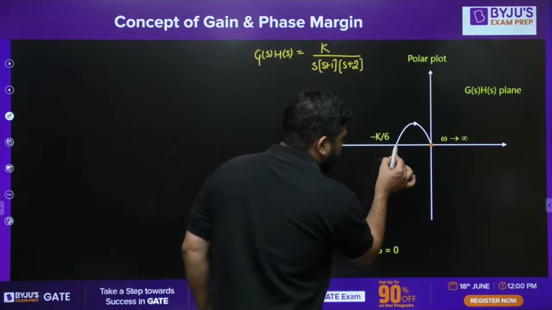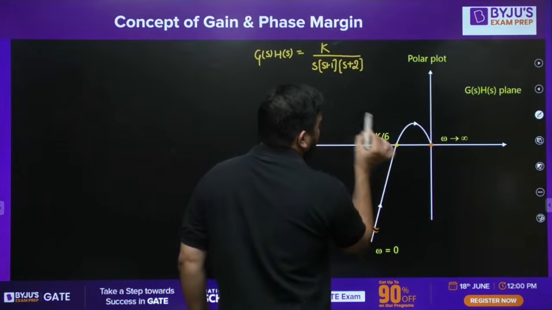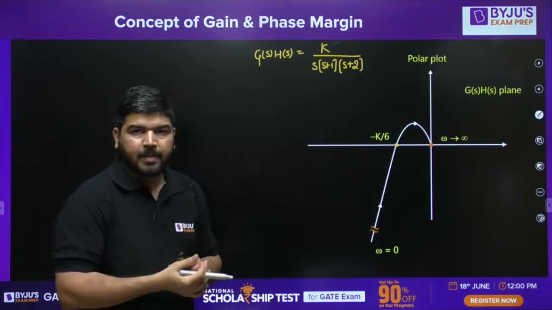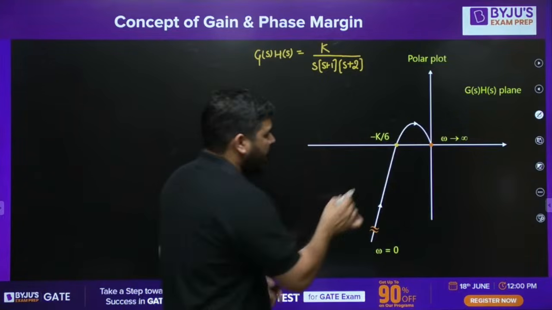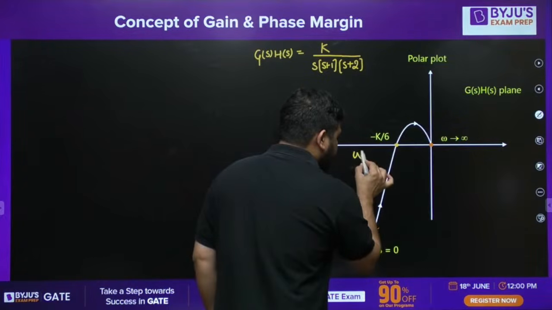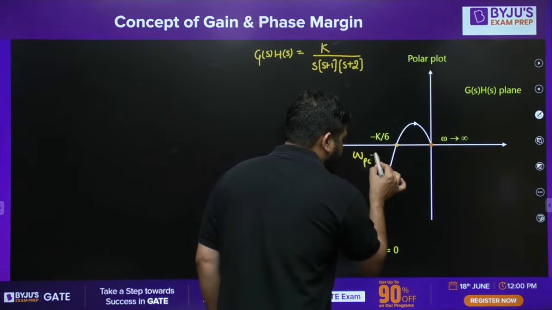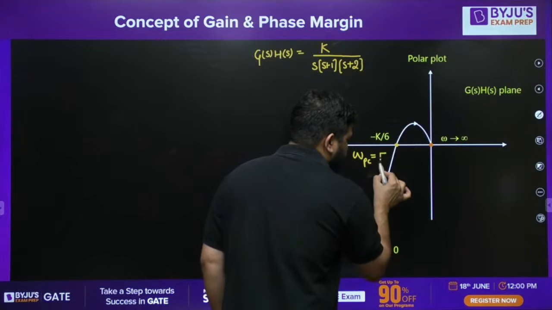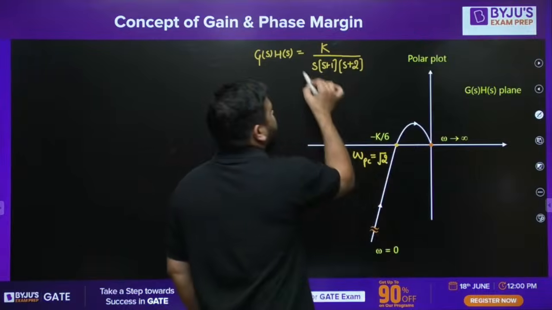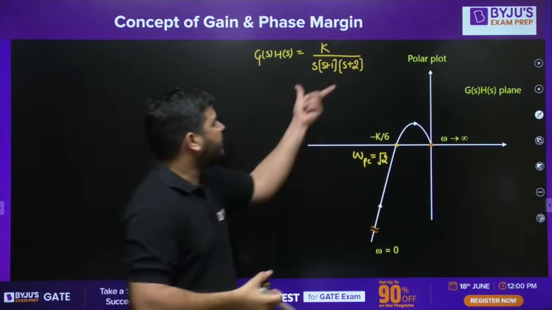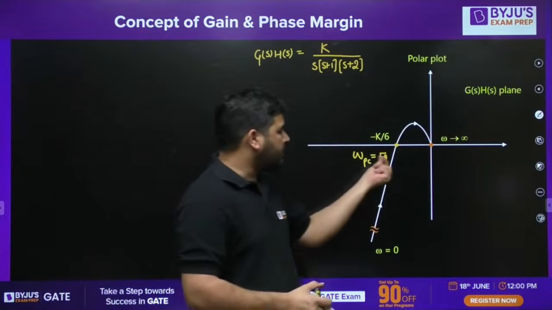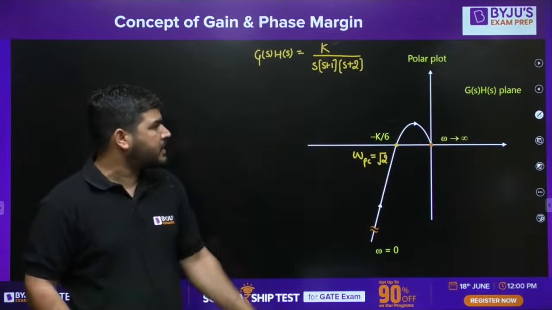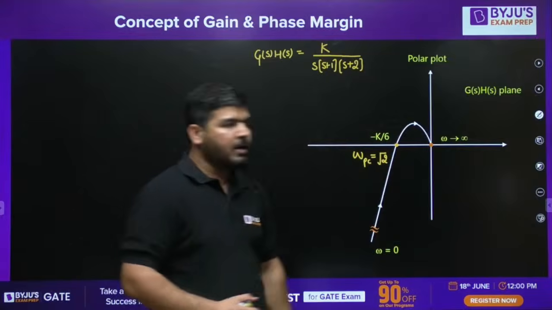This is the point where the phase of this system becomes -180. The frequency at this point is called omega PC, the phase crossover frequency, and it comes out to be √2. You can calculate it from the phase criteria, the frequency at which the phase becomes -180.